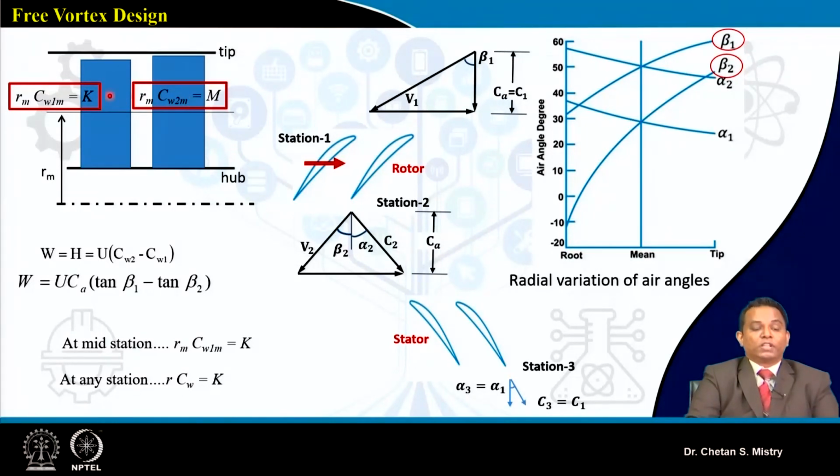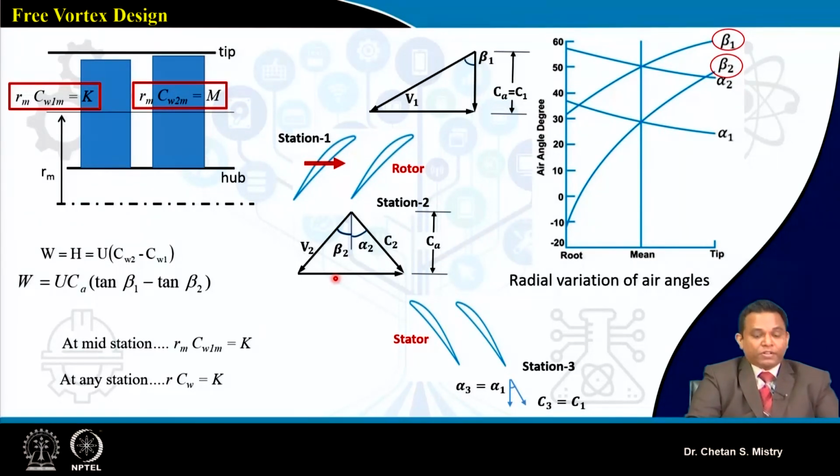If this is the configuration we are having, then at mid station we can have our calculation. So this is my velocity triangle at the entry of my rotor, and this is my velocity triangle at the exit of my rotor.